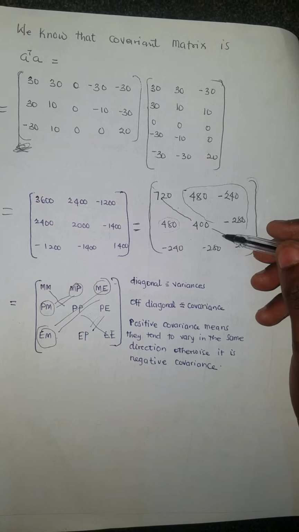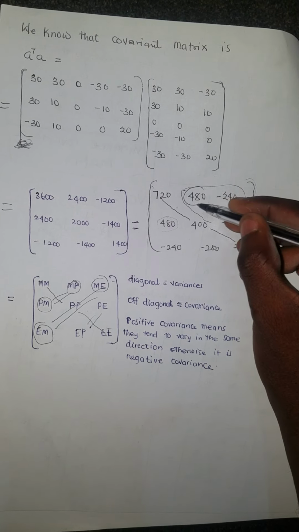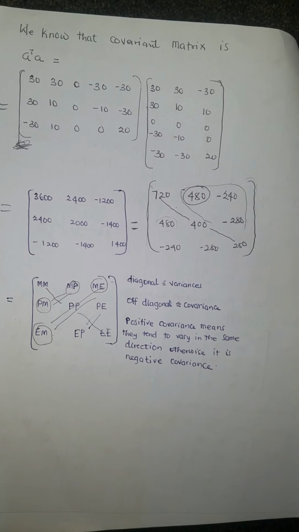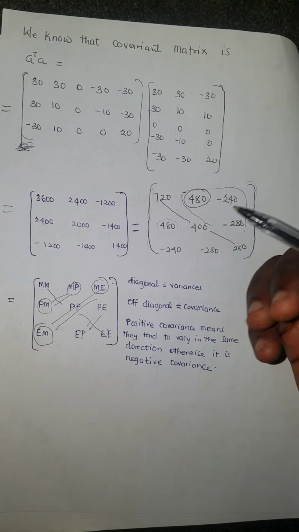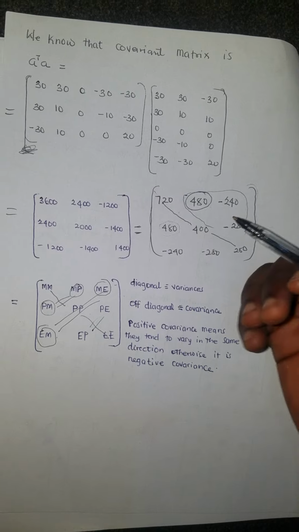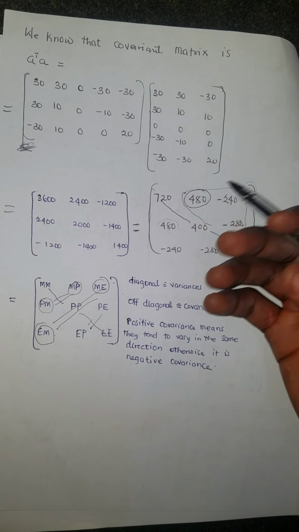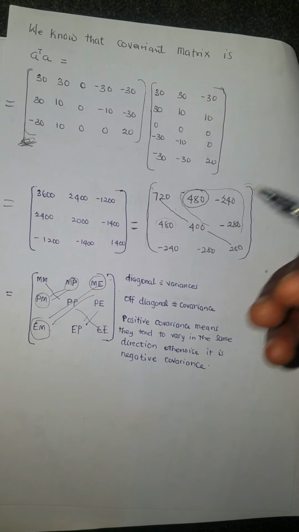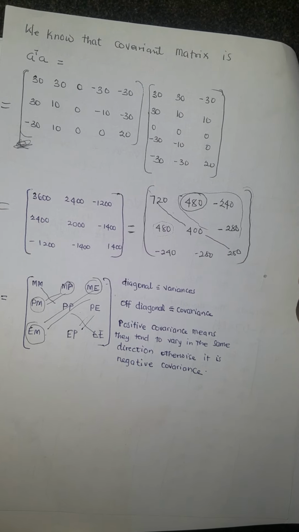So what does it mean by positive? The reason why we find the variance-covariance matrix is that we want to know the variances between the subjects or the scores of the student.